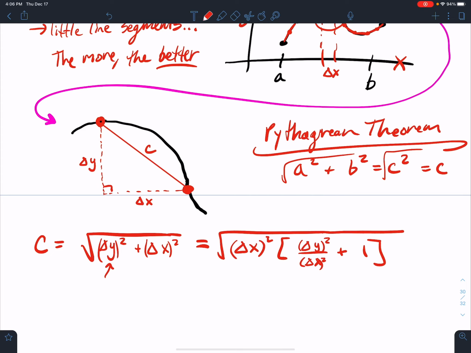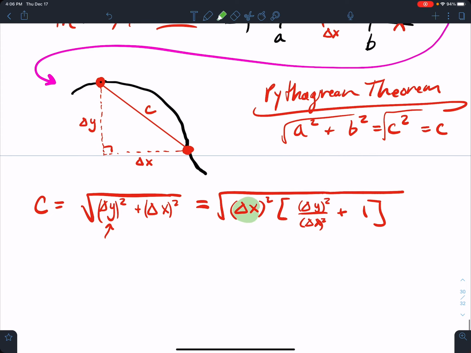Just to make sure that this works, if I multiply this back in here, I get just delta y squared. If I multiply this in here, I get the delta x squared. So we're good.